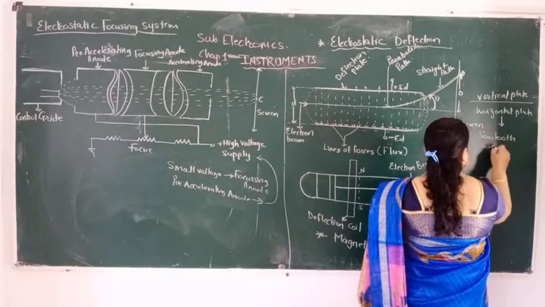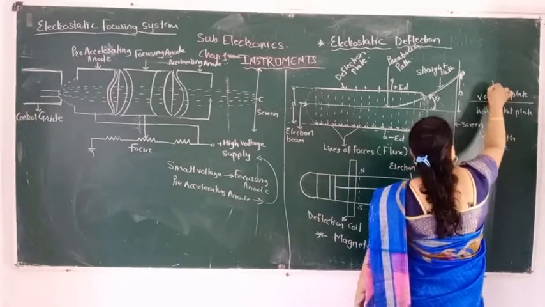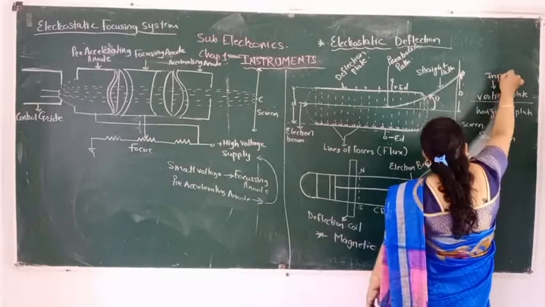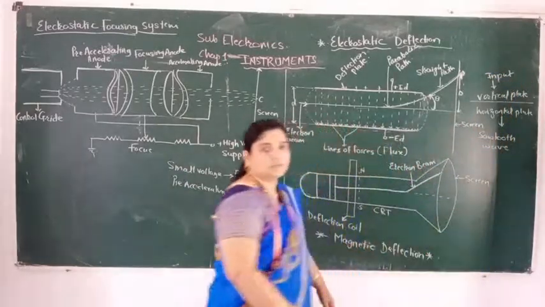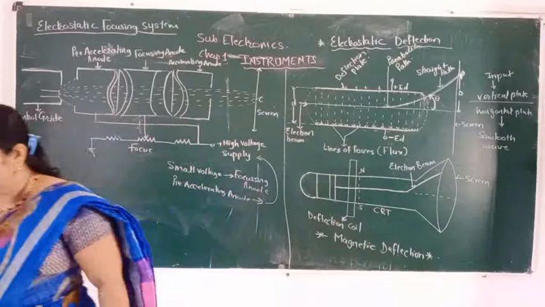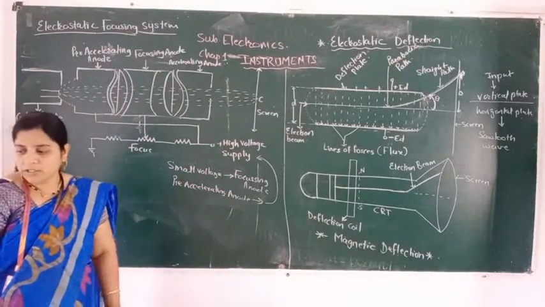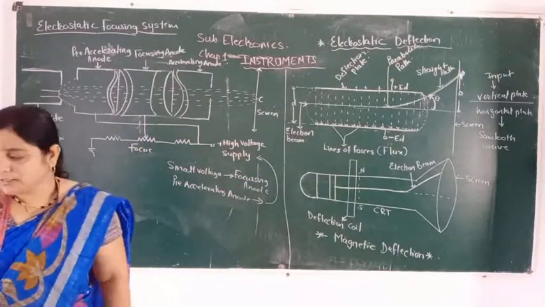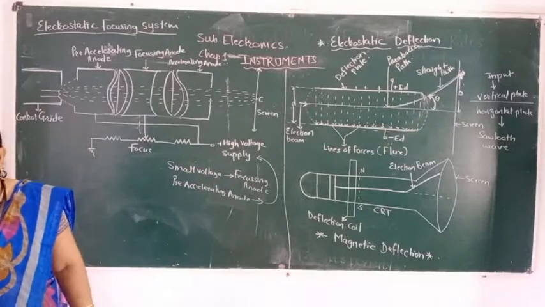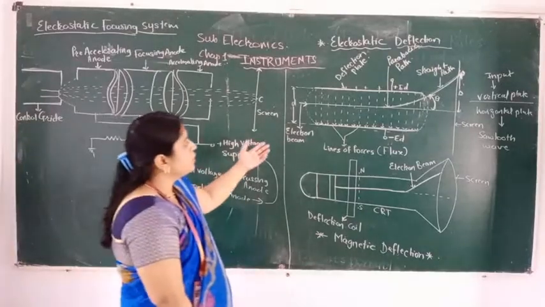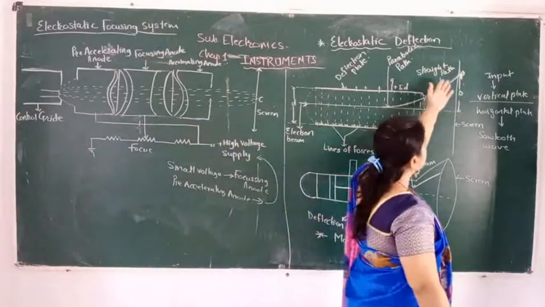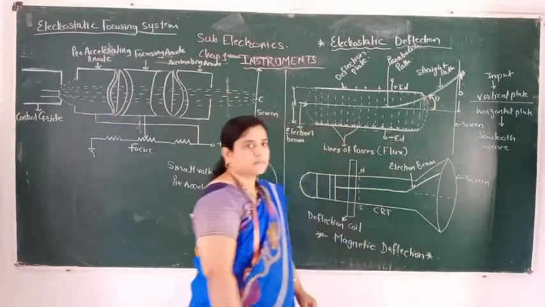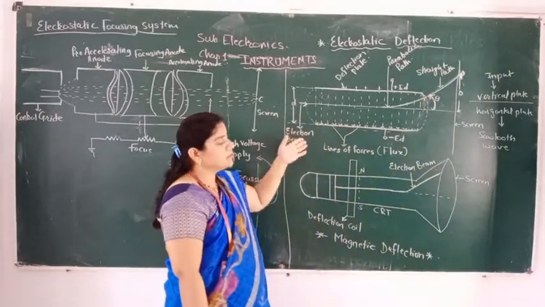The electron will pass through this region, and the electron experiences a force in the upward direction. So this is electrostatic deflection.